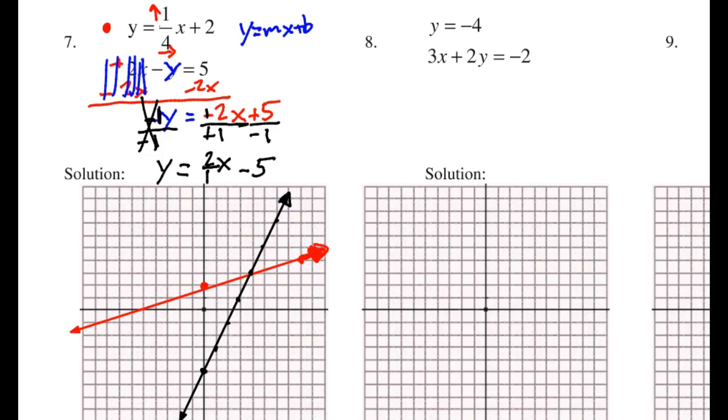There we go. So what is the answer? Where do these intersect? What's that coordinate right there? We have, let's see here, 1, 2, 3, 4 to the right. So x is 4, and then up 1, 2, 3. So the solution is 4, comma 3.